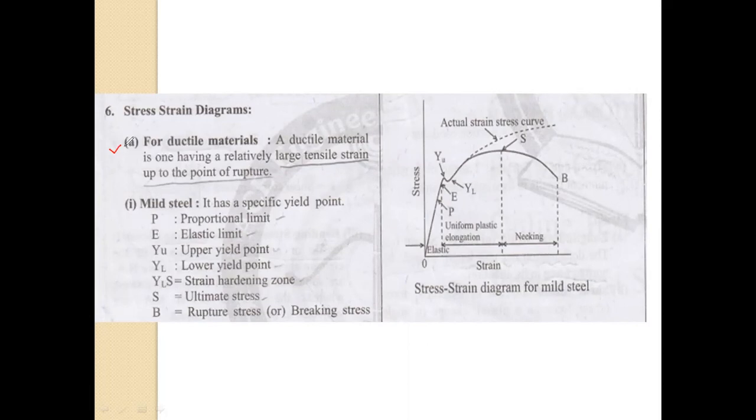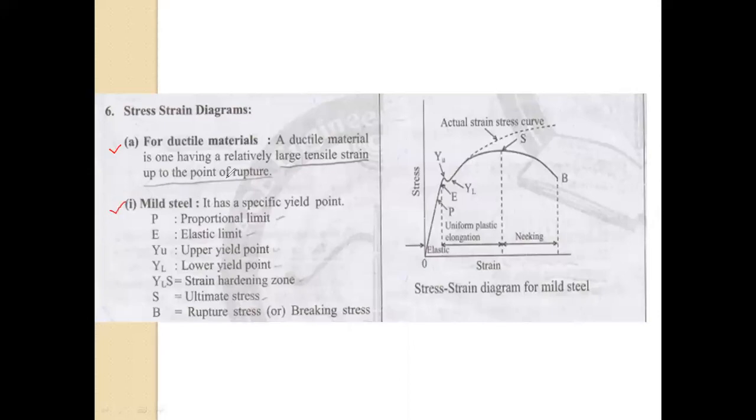A ductile material is one having a relatively large tensile strain up to the point of rupture. Ductility means the ability to be drawn into thin sheets or wires. So first we will see the stress strain diagram for a ductile material, in that, for mild steel.